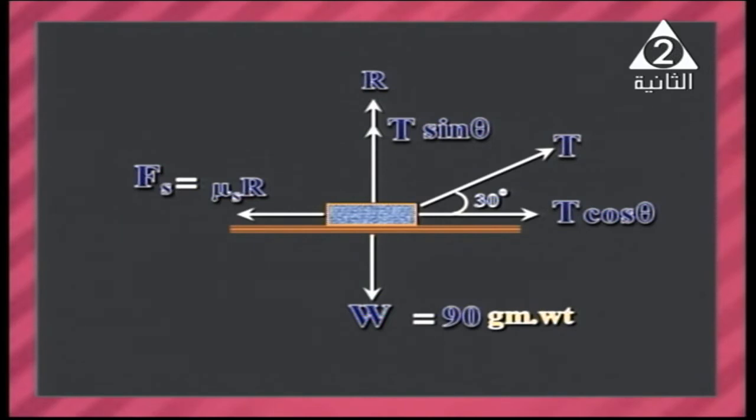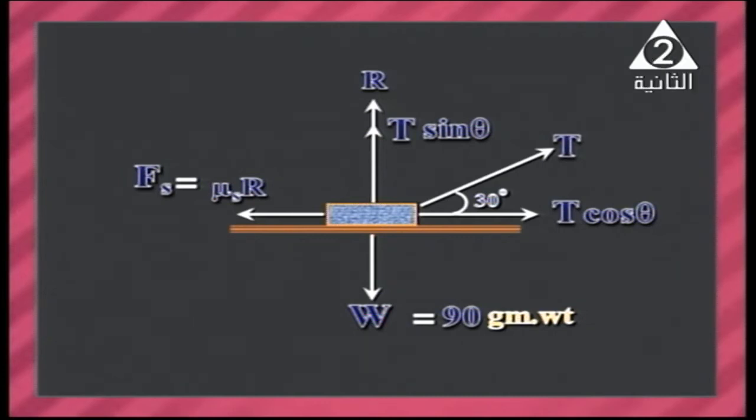The weight equals 90 gram weight, and R is the normal reaction force. The tension is a force inclined to the plane by 30 degrees. We resolve T along two perpendicular axes: T cosine theta in the horizontal, and T sine theta in the vertical axis.